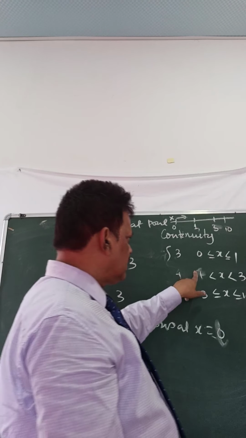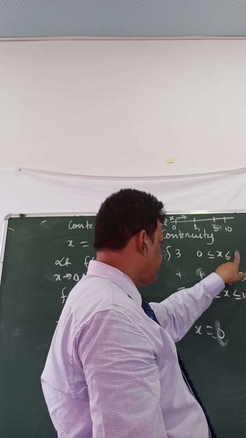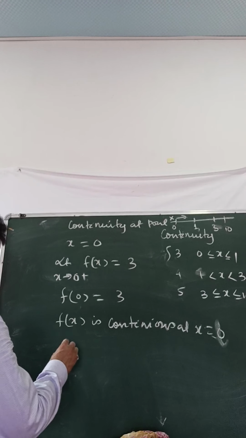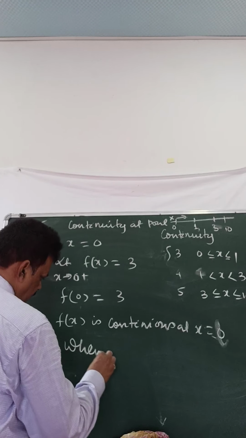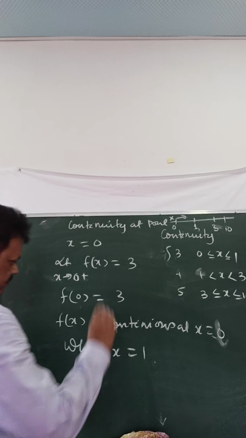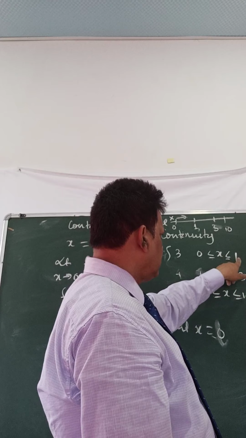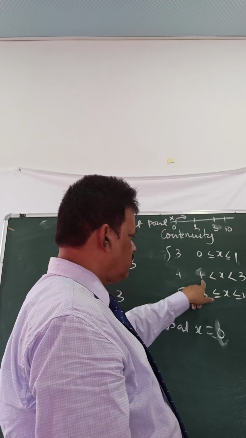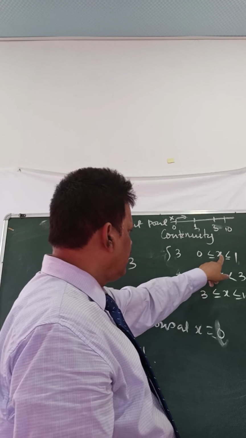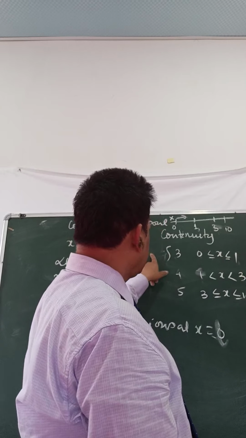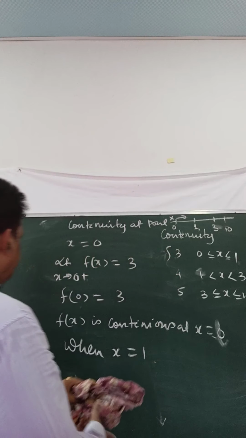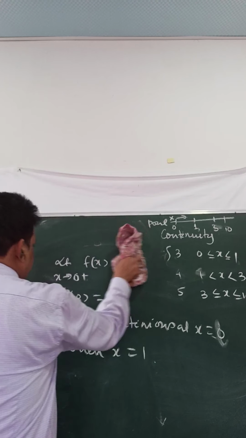Now the second case is when x is equal to 1. When x is 1, you have two limits. Less than 1 is the left hand limit, greater than 1 is the right hand limit. So first you take the left hand limit.